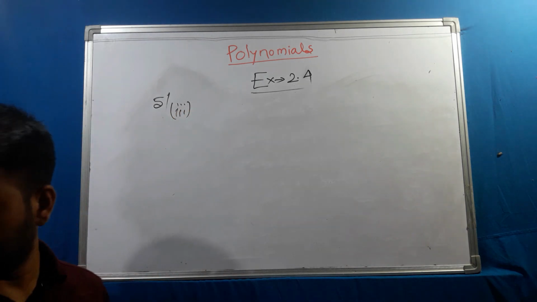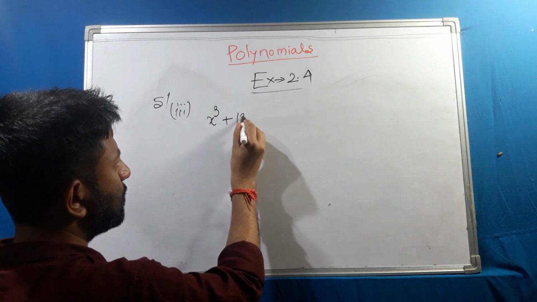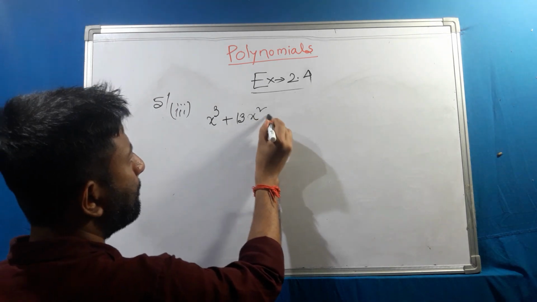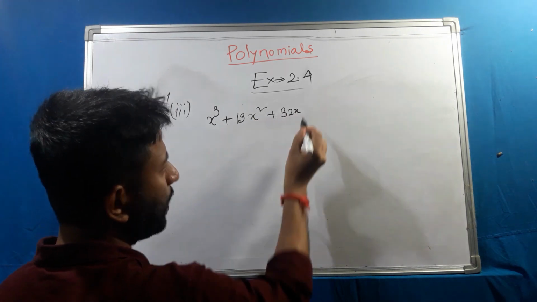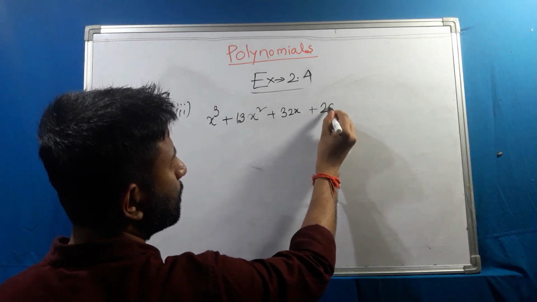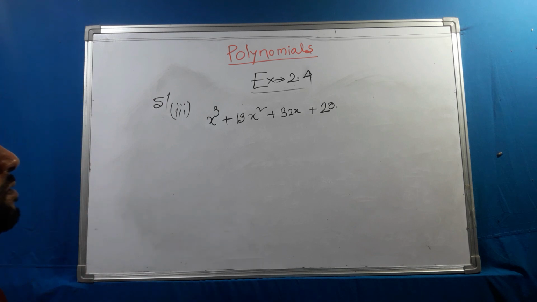The equation is given: x cube plus 13x square plus 32x plus 20. You see? Okay.